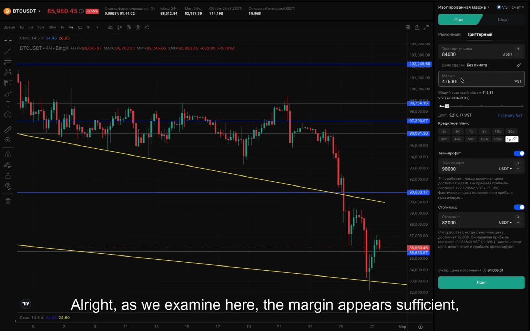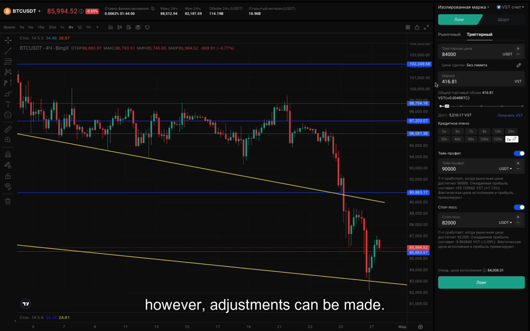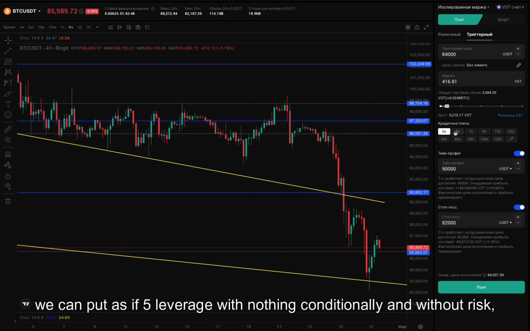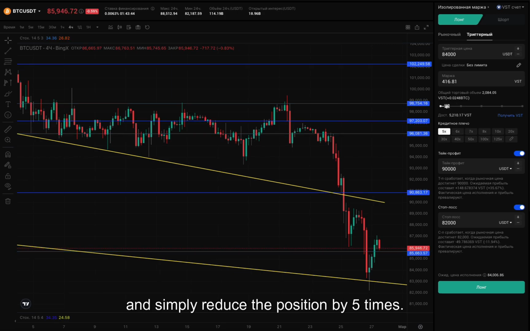Alright, as we examine here, the margin appears sufficient, however, adjustments can be made. To reduce it, we can put 5 leverage with nothing conditionally and without risk, and simply reduce the position by 5 times.